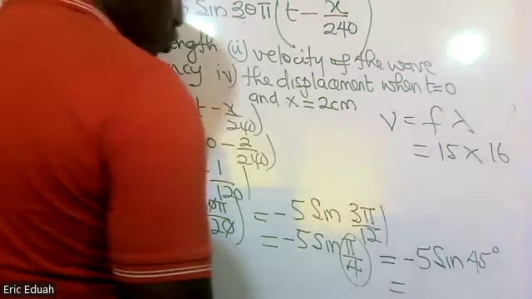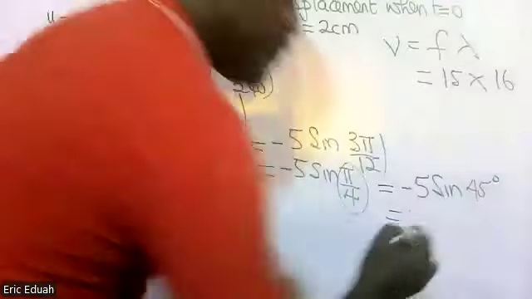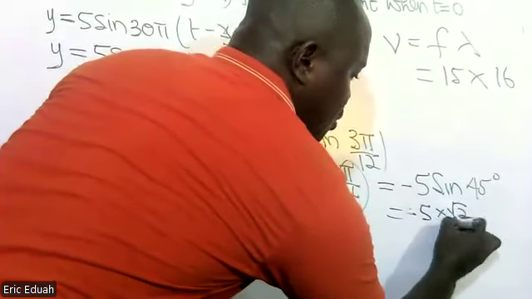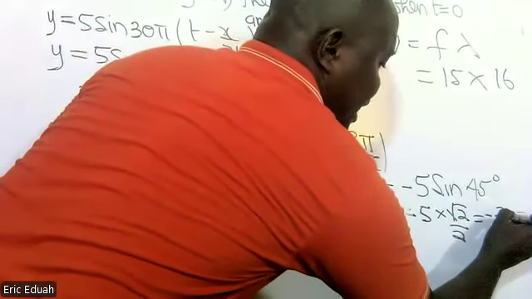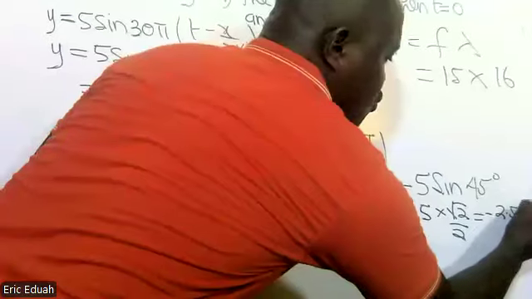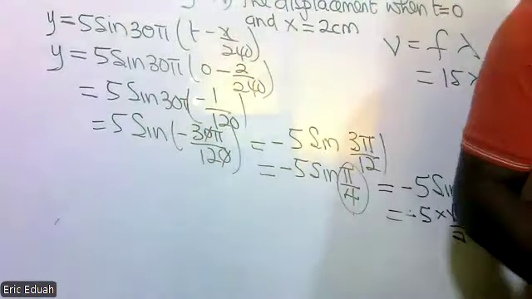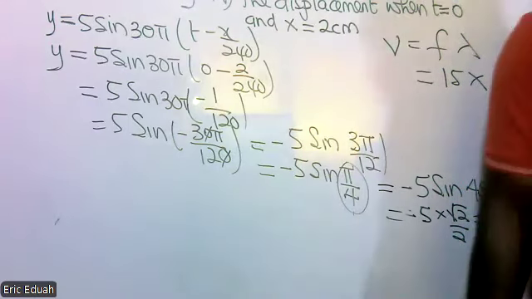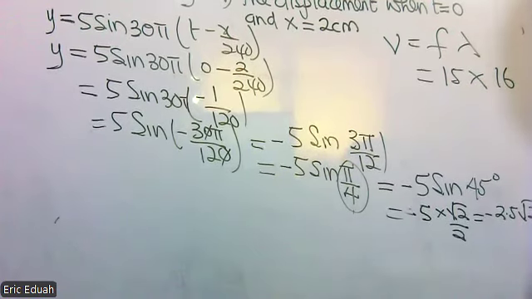So minus 5 times root 2 on 2 is equal to negative 2.5 times root 2. What is 2.5 times root 2? That is minus 3.535 centimeter.